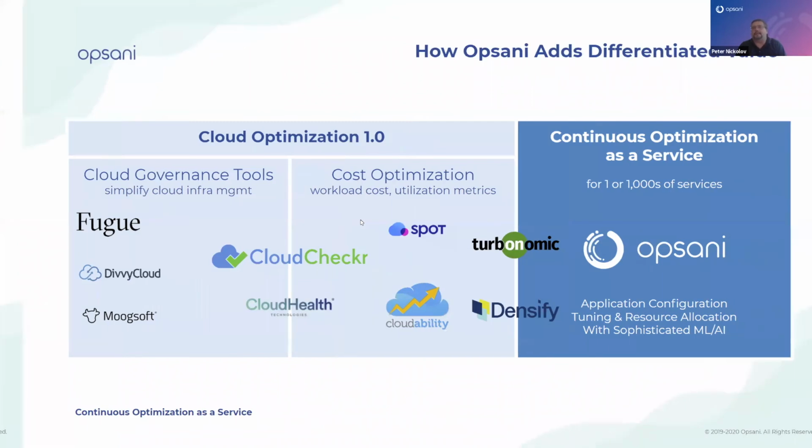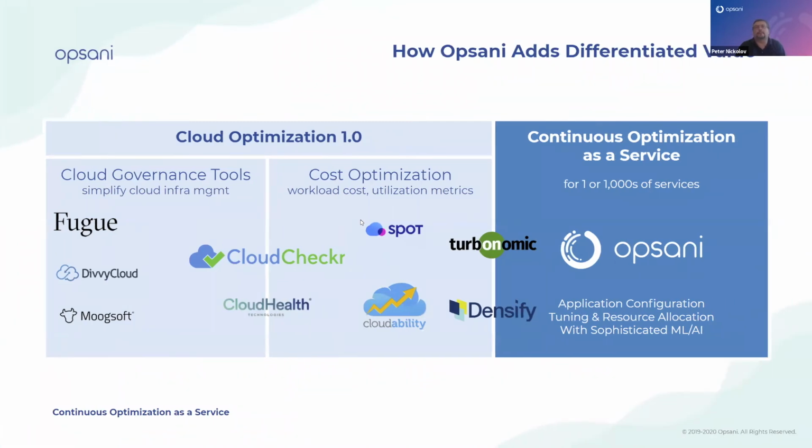How is that different? Let's look at how continuous optimization is different from what cloud optimization or cloud cost management, as it has been used in the last few years, is. When you look at cloud optimization 1.0, it started with cloud cost governance tools. Where are you spending money? How much are you spending?